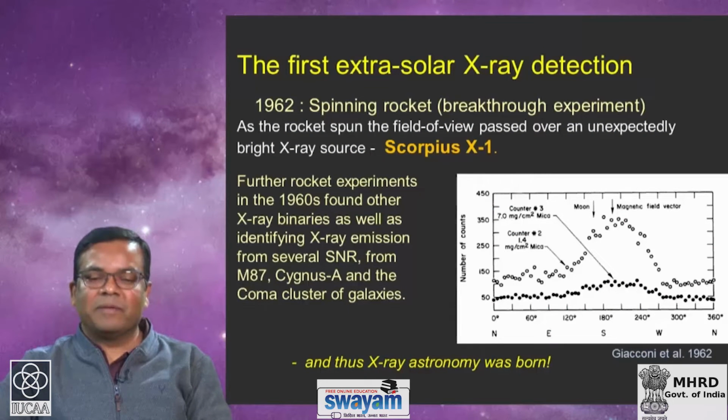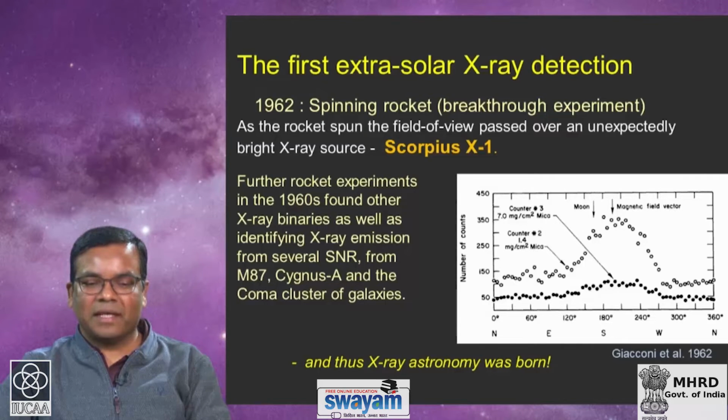One breakthrough experiment was performed in 1962. The experiment was performed to study X-ray radiation from the moon, which would be reflected solar X-rays. A rocket was launched in 1962, and this was a spinning rocket.